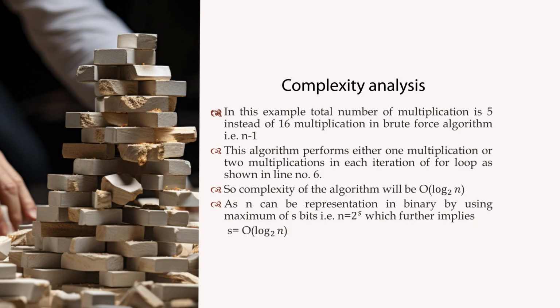Again, in left exponentiation or right exponentiation, the algorithm gives the same complexity order of log n base 2, because at each step you divide the problem size by 2.